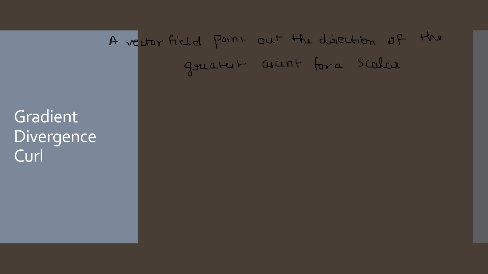Okay, this is gradient. And for any scalar function, how would you find a gradient? We'll talk about it. You need to simply take partial differentiation of the i, j and k components.